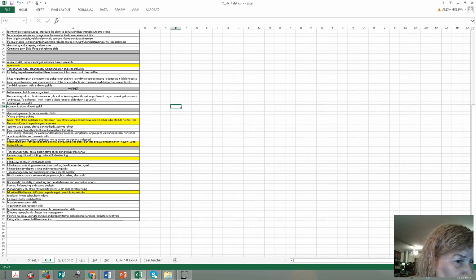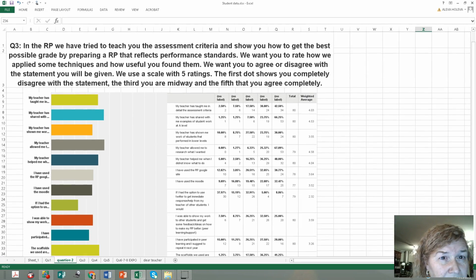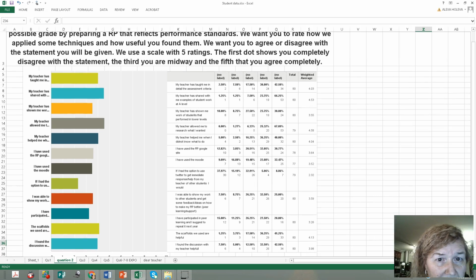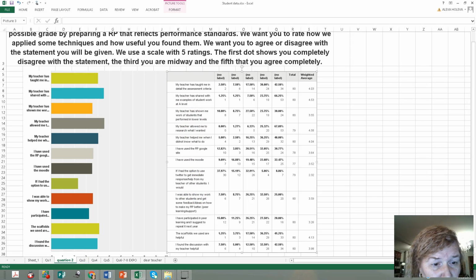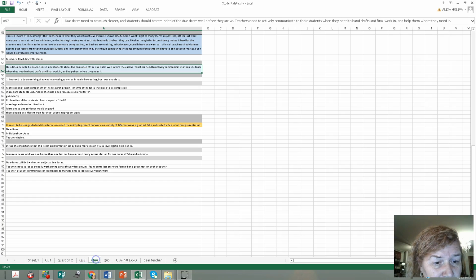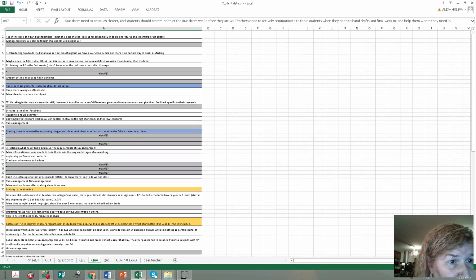I have a few students saying that there is no information, but mainly I have students telling me, this is the question I'm asking them, if and how we have taught them the criteria and the examples, and then I'm asking them how we can make the research project better, and I'm taking that very seriously.